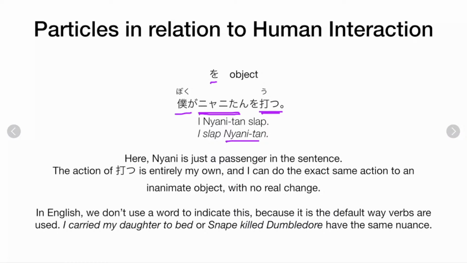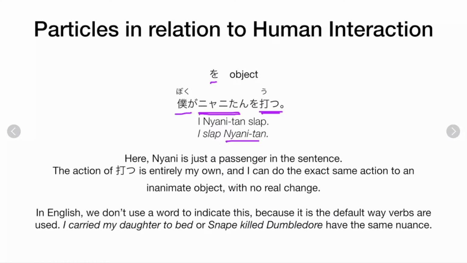English doesn't have words to indicate this because that's just how verbs work in English. When you say, I carried my daughter to bed, or Snape killed Dumbledore, right? These are the same kind of nuance, okay? When you carry your daughter to bed, it's like carrying a water bottle to bed, right?